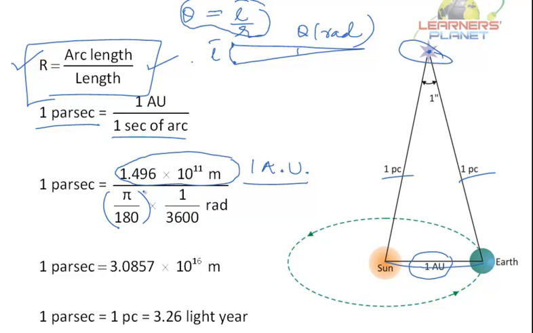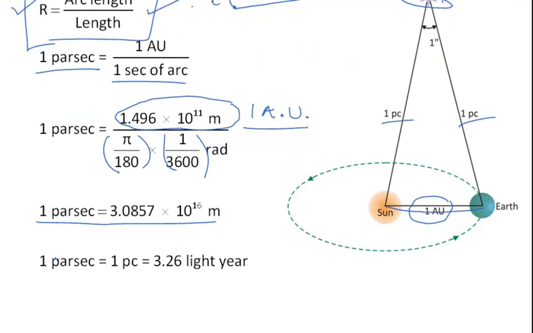So this is the conversion factor of 1 degree into radians, and if you wish to convert 1 degree into seconds, then the total expression for 1 second in terms of radian is pi by 180 into 1 by 3600. So if you calculate this, you will get 1 parsec equal to 3.0857 into 10 to the power 16 meters.